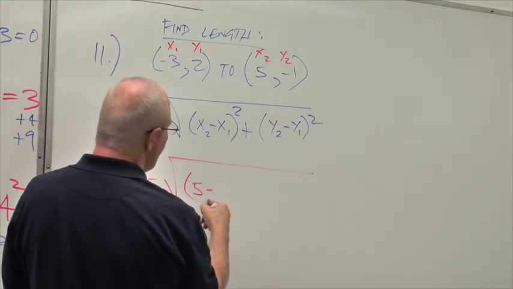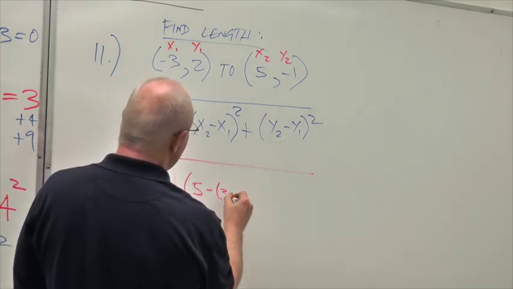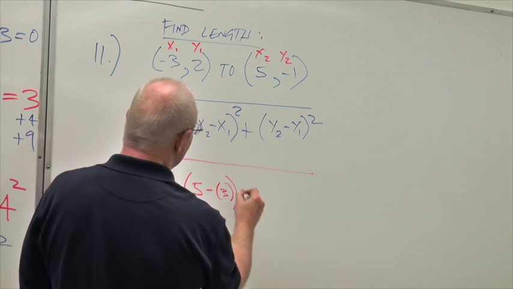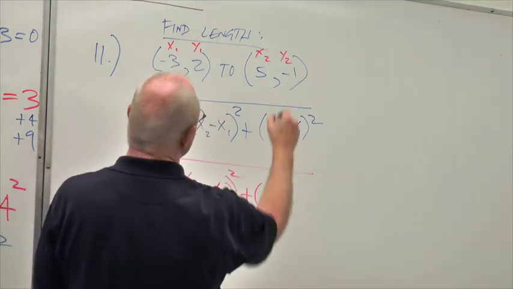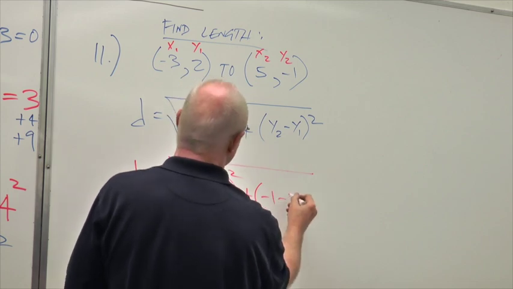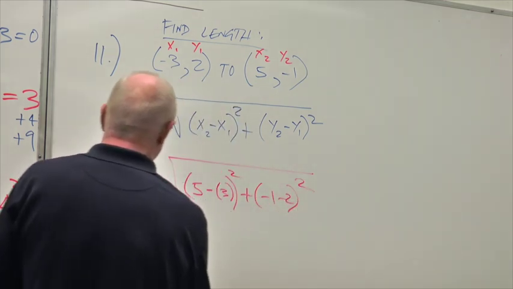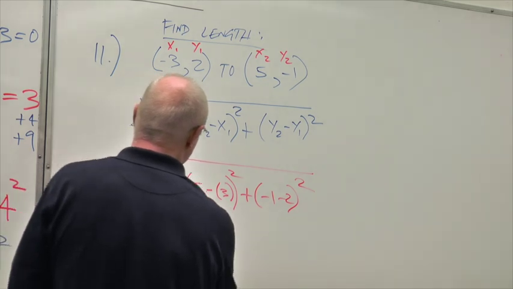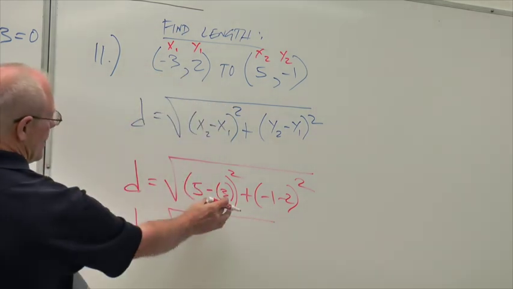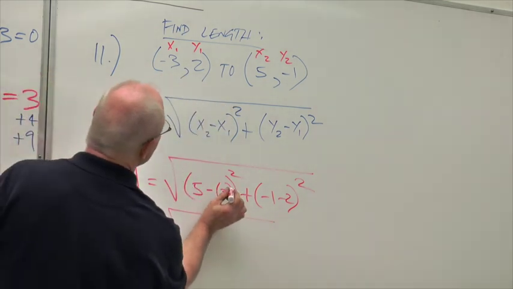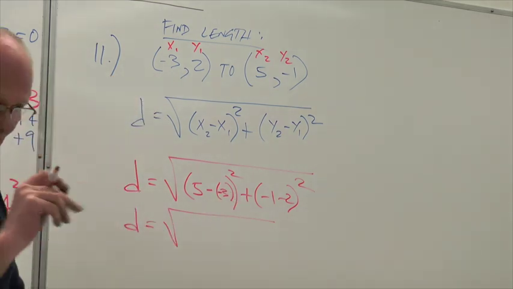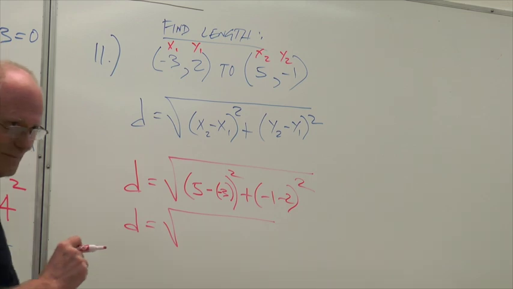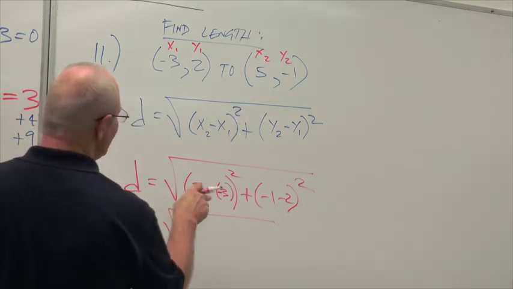So it's 5 minus negative 3, plus y2 is negative 1, y1 is 2, squared. What did I do? I left the negative sign off. That's a typical type of problem that you run into when you go too fast, right?